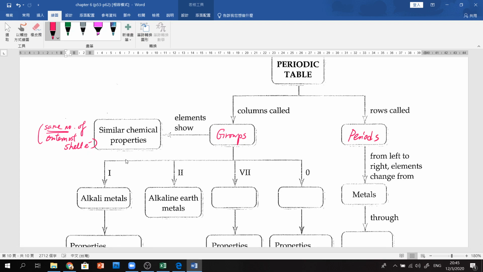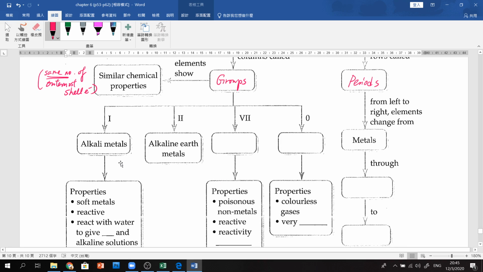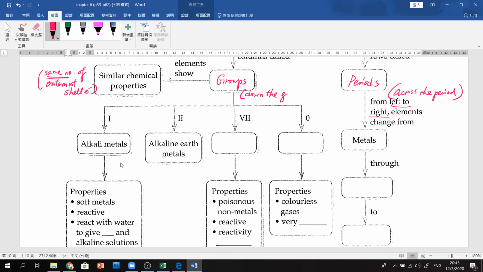In periods, very simply, we go from left to right, which means across the period. While for groups, we like to use the words down the group, which means the direction is this. So the metals change to what?